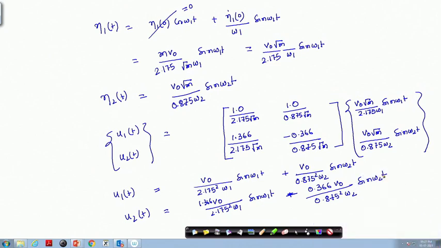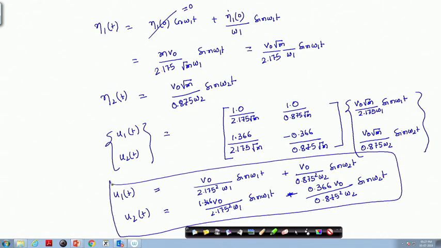So, this is going to be the final solution for the system. So, this is the free vibration response of the 2 degree of freedom system using the initial conditions given.